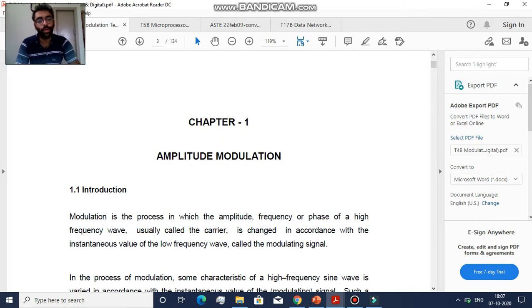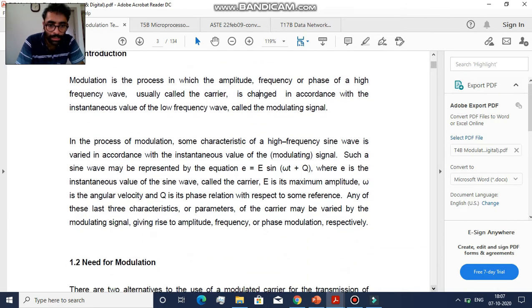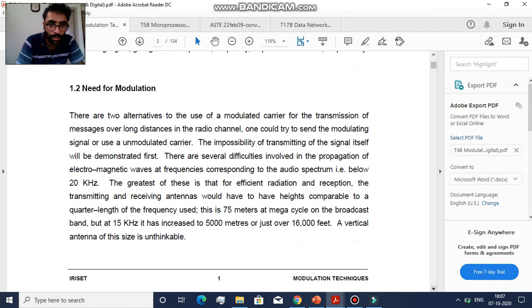So when we are talking about amplitude modulation, basically the amplitude of the carrier wave is changed in accordance with the instantaneous value of the low frequency wave called the modulating signal. So what is the need of modulation?